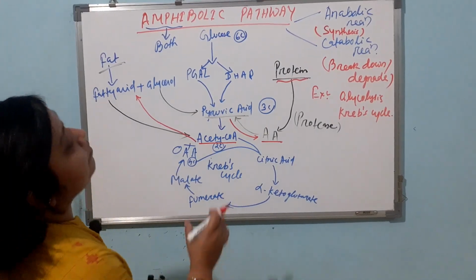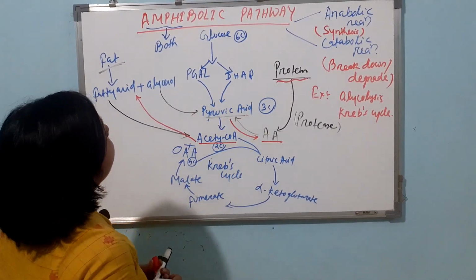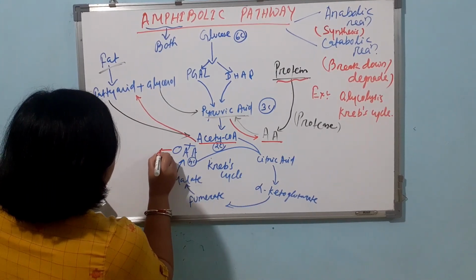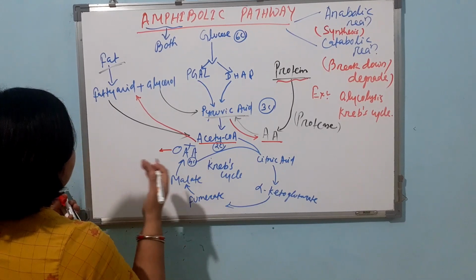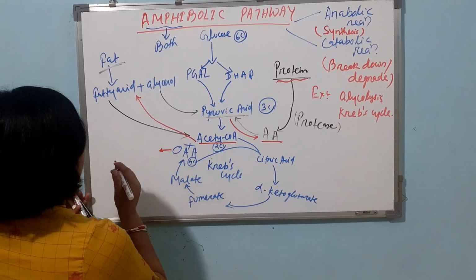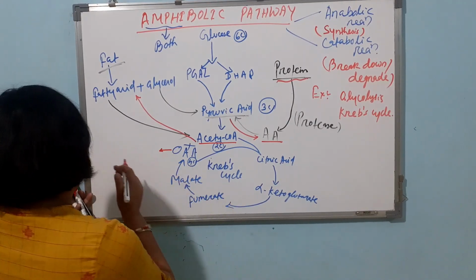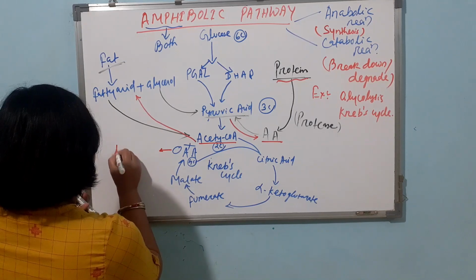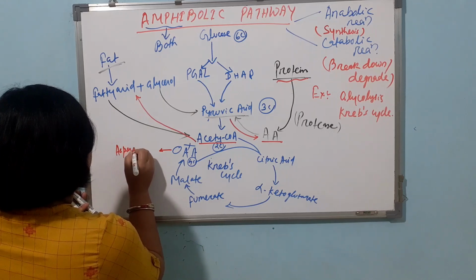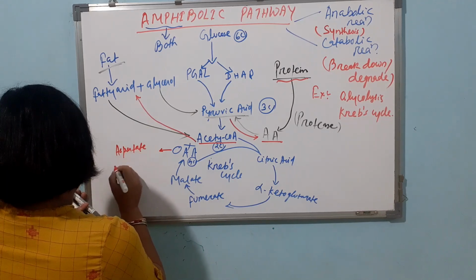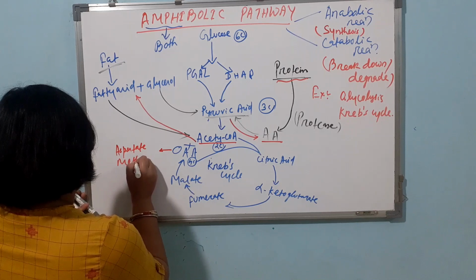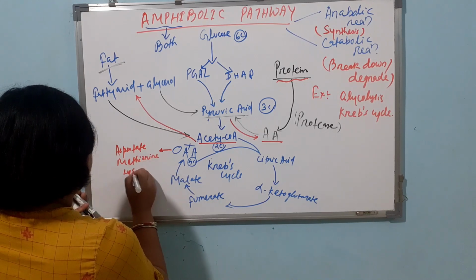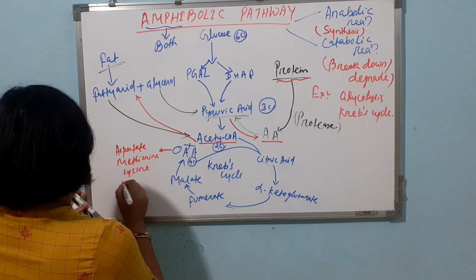If we see this substrate, oxaloacetic acid synthesizes a number of non-essential amino acids. For example, you can take aspartate, methionine, lysine, threonine.